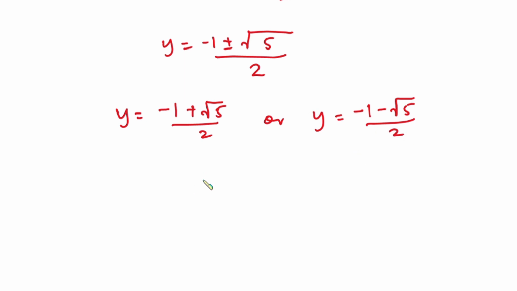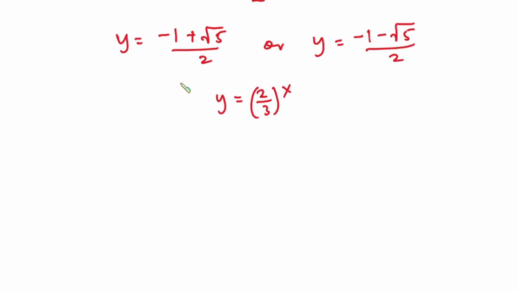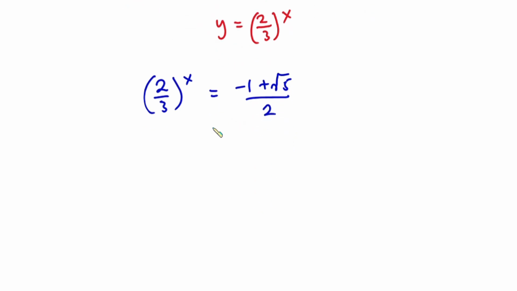But remember, initially we said that y is equal to (2/3)^x. So when y is equal to this whole thing, we have (2/3)^x is equal to (negative 1 plus square root of 5) divided by 2. Now we want to find x, so let's introduce natural log on both sides of the equation.